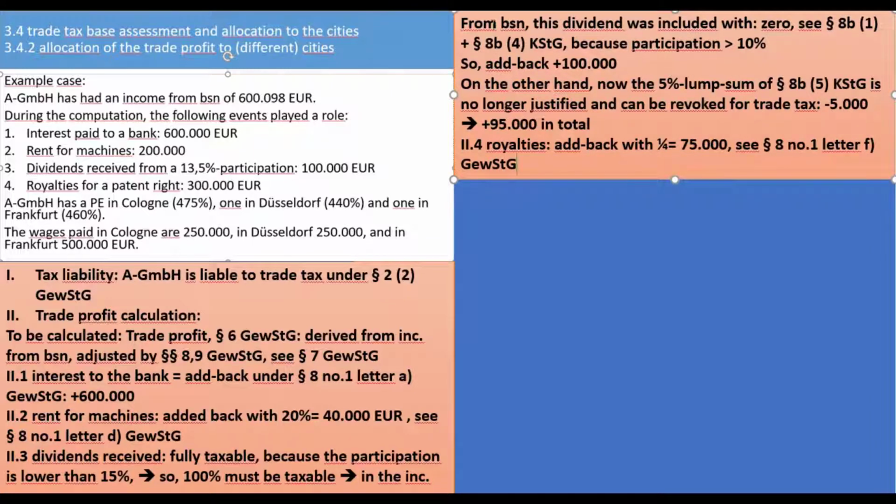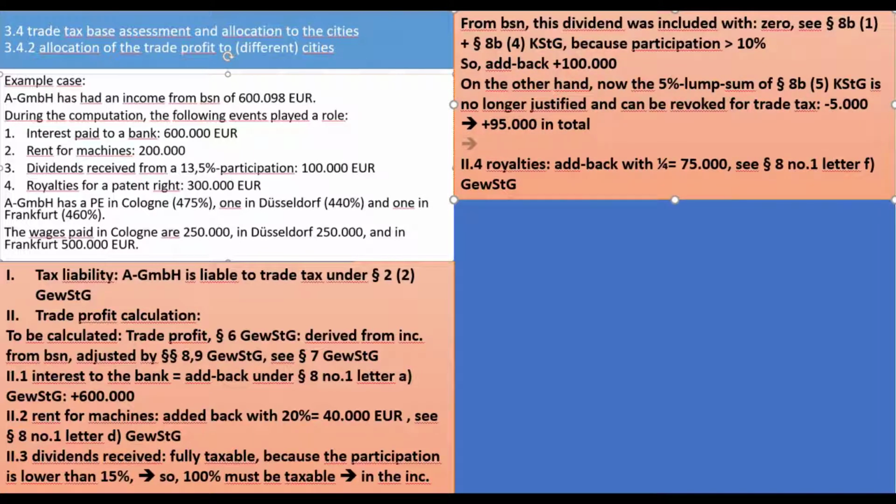And by the way, we should still give a rule why we add back this. 8, number 5, Trade Tax Act says you have to add up everything again, every dividend again, to full 100%, as far as you are not allowed to treat the dividend as fully tax exempt.